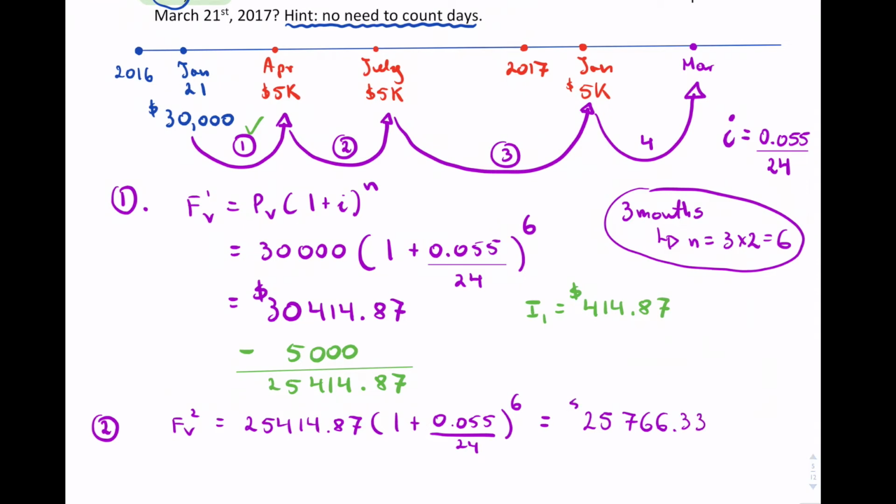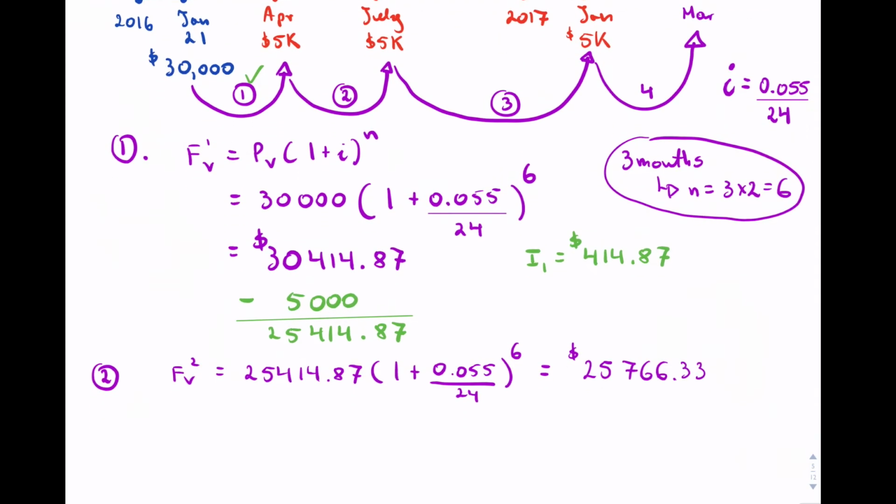Okay, and now we can find the interest. The interest is between these two values, right? If you subtract these two values, you're going to get exactly what the interest was.